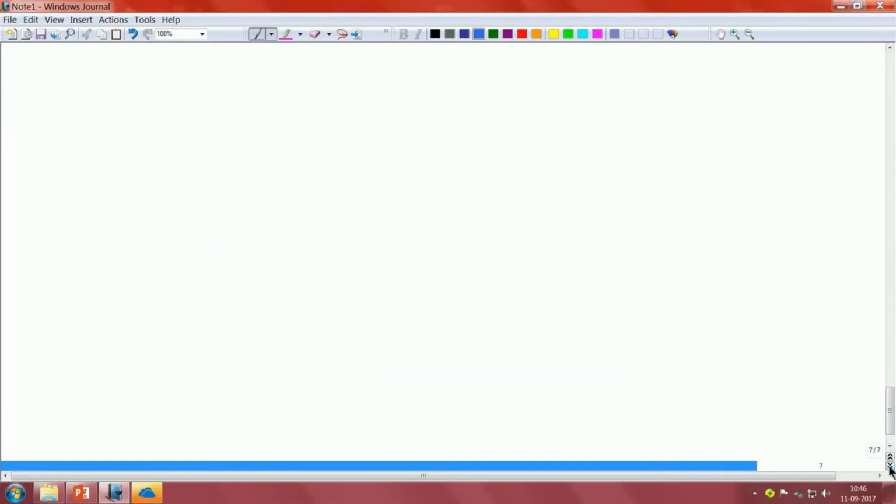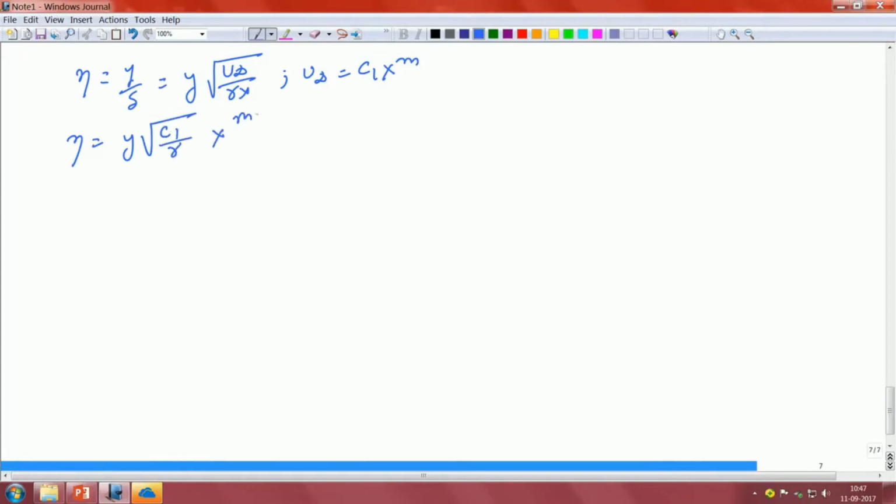Okay, based on this, let us try to see how we can best define the whole framework of the self-similarity solution once again, because that is what we promised. Eta is equal to y over delta, that is y times square root of u infinity by nu x. With u infinity equal to C1 x to the power of m, eta is equal to y into square root of C1 by nu, times x to the power of (m minus 1) by 2.